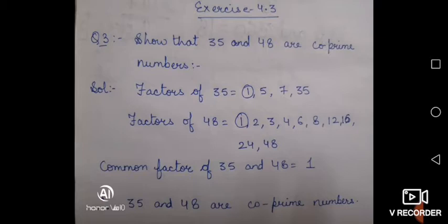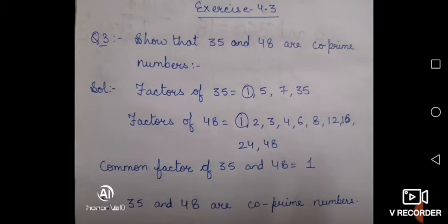Solution: factors of 35 are 1, 5, 7 and 35 itself. Now come to the factors of 48, that is 1, 2, 3, 4, 6, 8, 12, 16, 24 and 48.